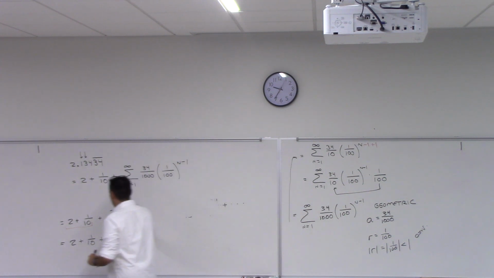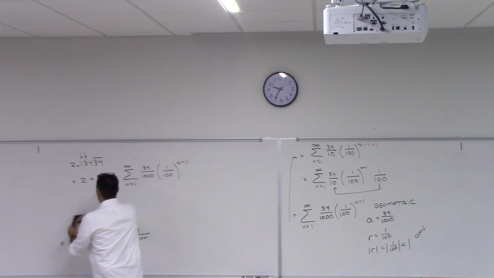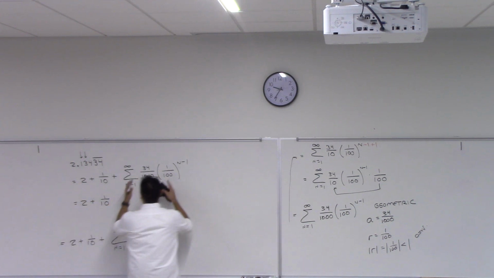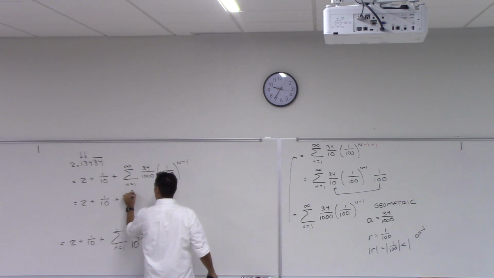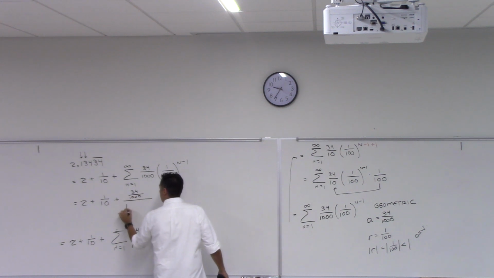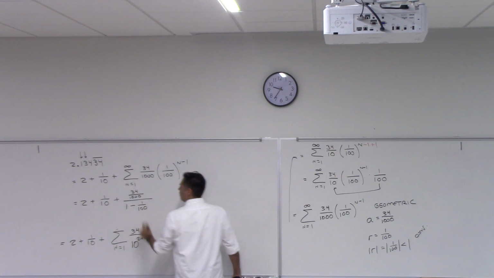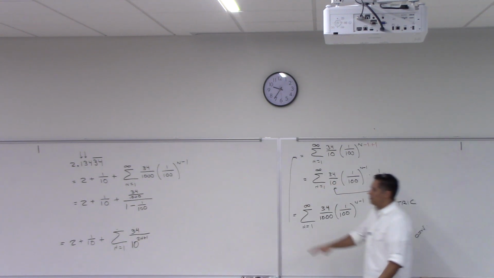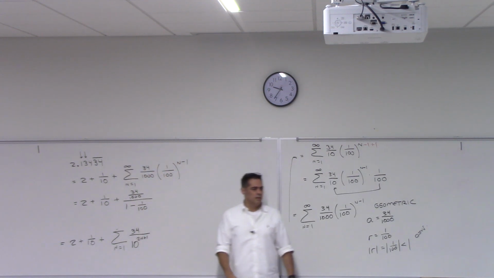We know that that is a convergent geometric series, and so that whole thing converges to exactly A, 34 over 1,000, over 1 minus R, and R was 1 over 100. That's what this became. This becomes this because it's convergent.